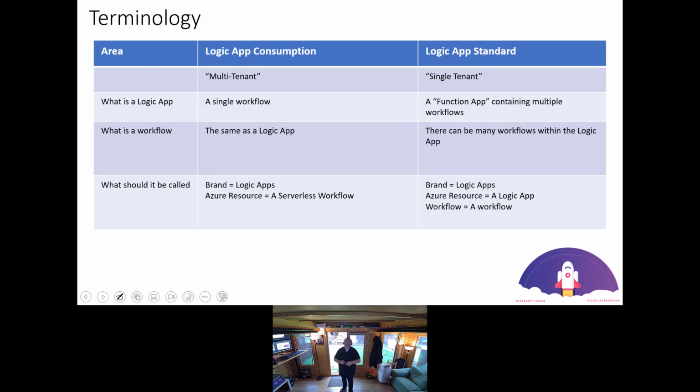So let's think a little bit about terminology. Start with repeating that bit about Microsoft's position as one being multi-tenant, which is Consumption, the other being single tenant. Now, personally, I find these terms slightly confusing, because you also have an Azure AD tenant, which all of your Azure resources would be associated with. So that idea of multi-tenant and single tenant relates to terms often used in what was Azure AD but is now Entra.